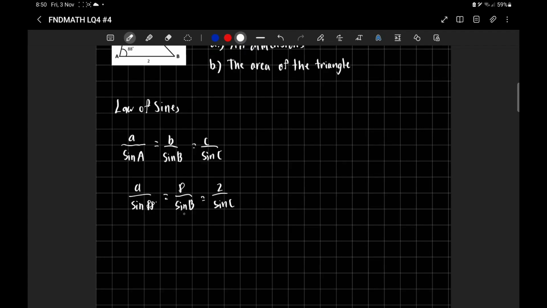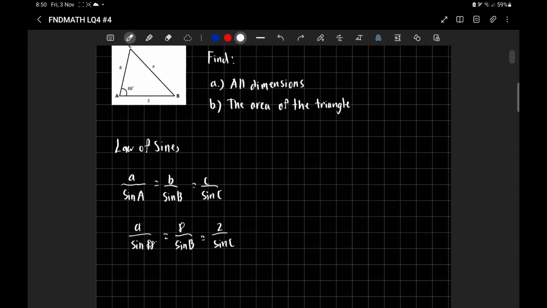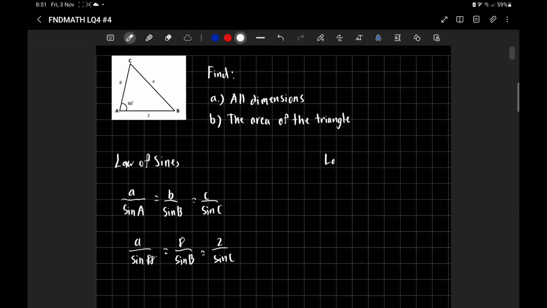Because if we try to solve for a, we still don't know the value of sine B, and vice versa, right? That's where the law of cosines comes in, right?